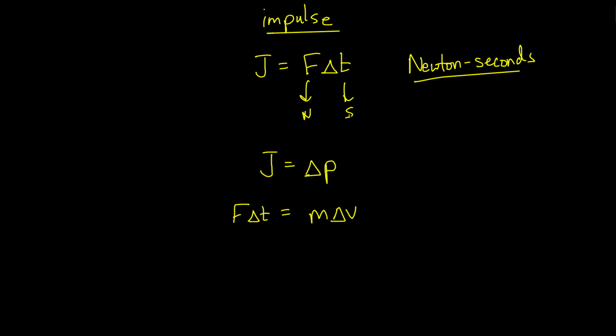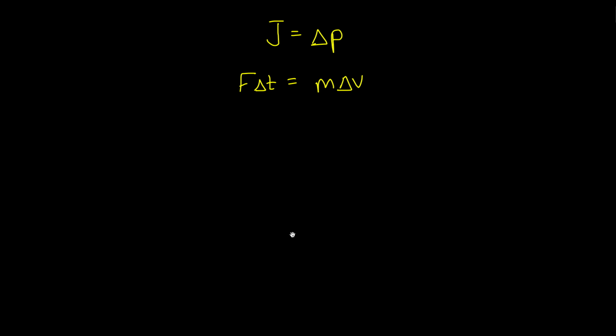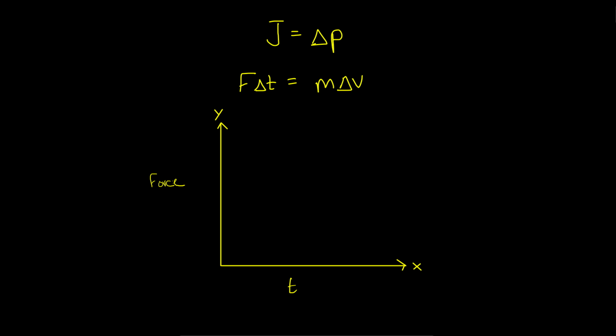Let me give you an example of that. When we're talking about a force-time curve, I'm talking about a graph. When you're thinking about a graph, you have a y-axis, which is the vertical axis, and an x-axis, which is the horizontal axis, where y represents the force and x represents time.